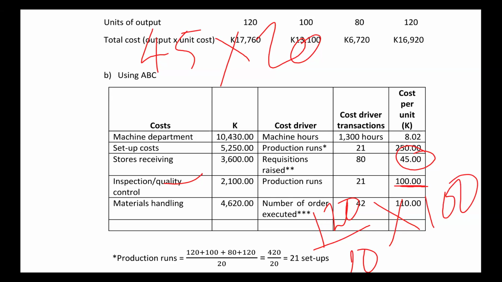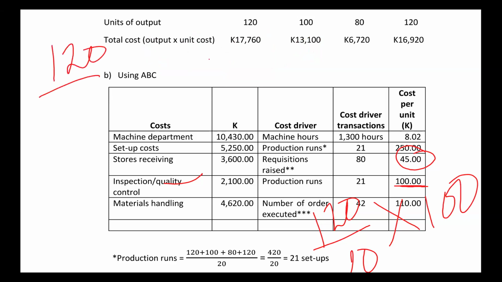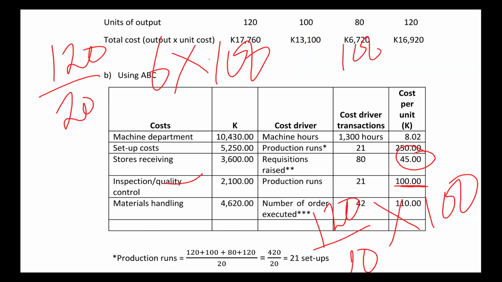For the first product, for example, product A, how many units were produced? 120 units produced divided by 20, giving you 6. 6 times 100 will give you 600. Then for product B, you say 100 units produced divided by 20 units.